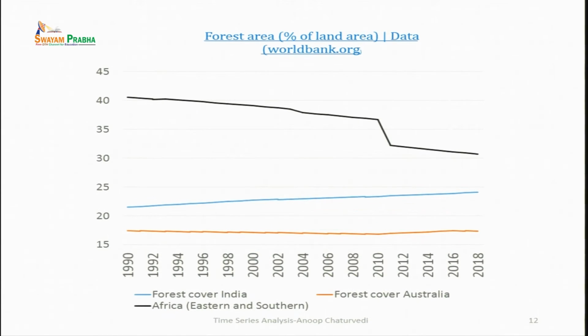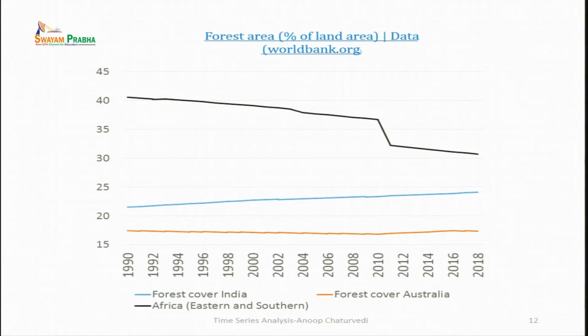Then now we come to this graph, which shows the forest cover area of 3 countries in terms of percentage of land area. This data we have taken from the World Bank site. Here the blue line denotes the forest cover area of India. The orange line shows the forest cover area of Australia, and the black line shows the forest cover area of eastern and southern Africa.